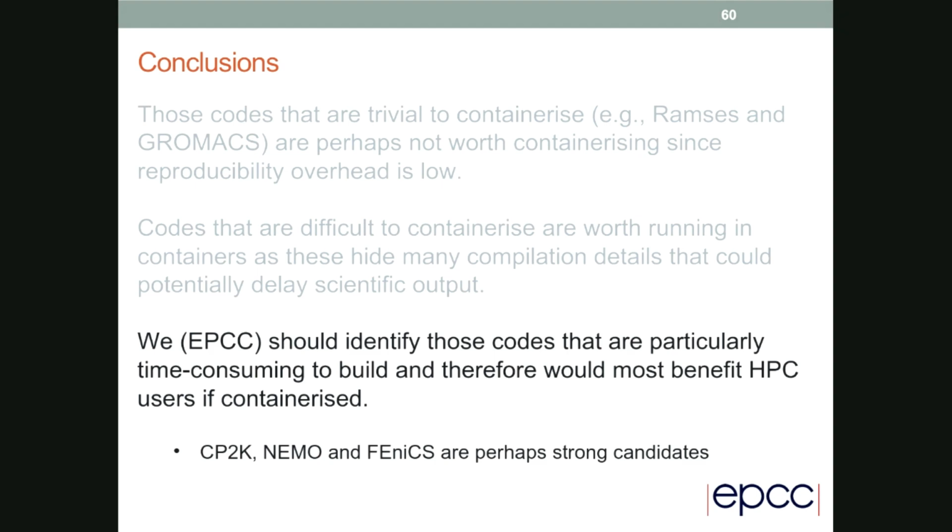The problem I had was making sure that the container OpenMPI could see the InfiniBand libraries. Cirrus uses InfiniBand, and I believe CSD3, even though it uses Intel Omni-Path, also supports the verbs interface. So I had to make sure that OpenMPI was built using verbs.